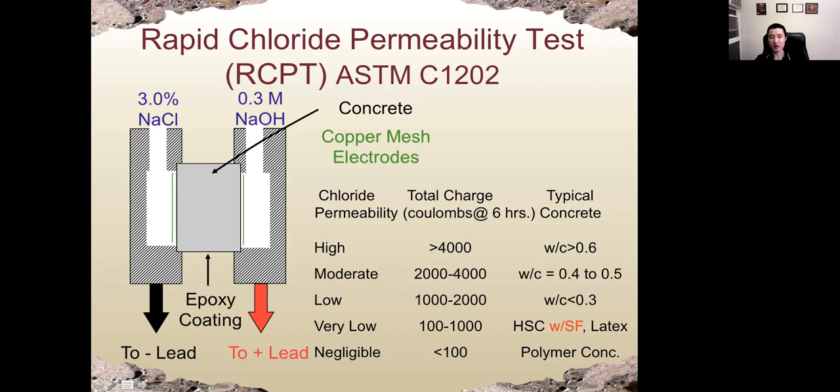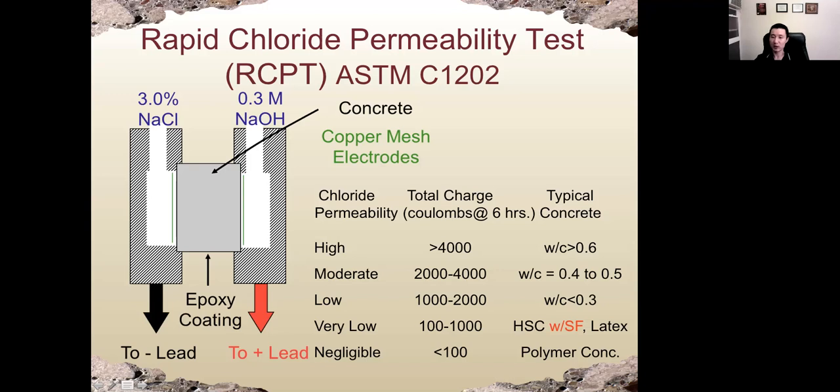We measure the total charge in coulombs after 6 hours of potential applied, depending on how much charge is passed through the concrete. So we can have an idea of chloride permeability.